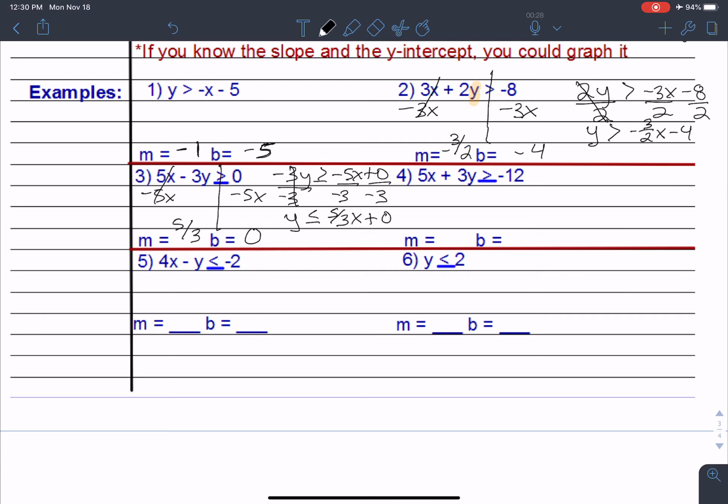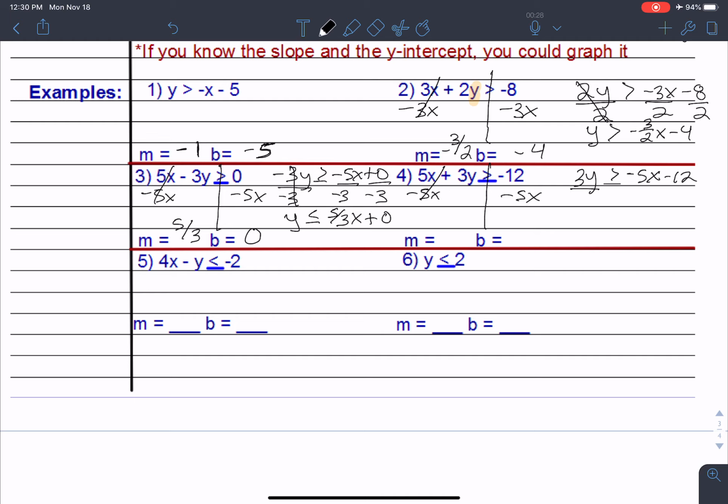Okay, next one. Again, I'm going to subtract 5x from both sides to get the y alone. So the 5x's cancel on the left, so I have 3y is greater than or equal to -5x minus 12. And again, I can't subtract an x from a constant, so I just put them next to each other.